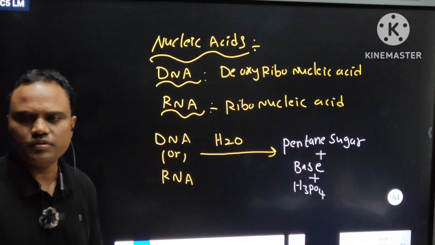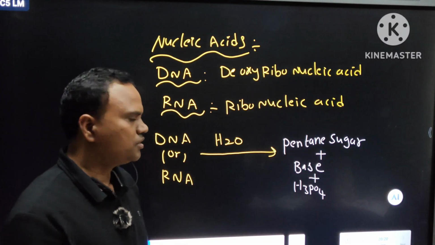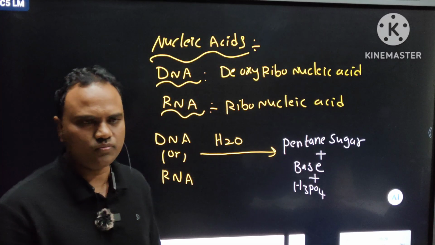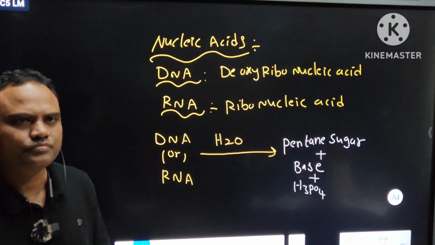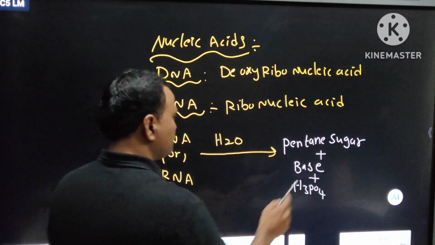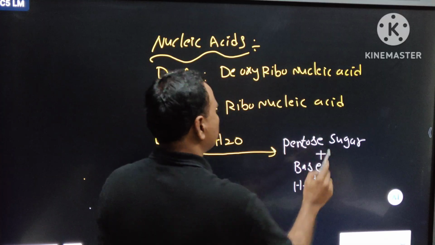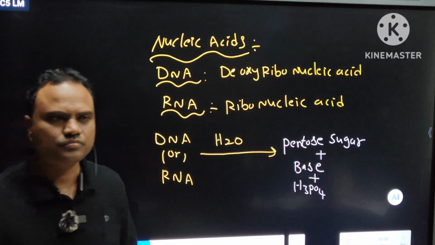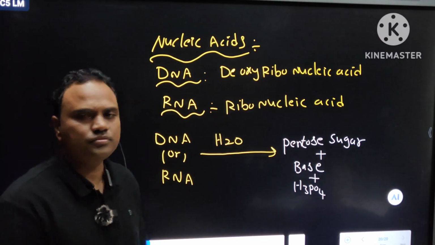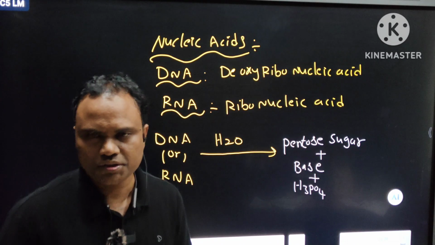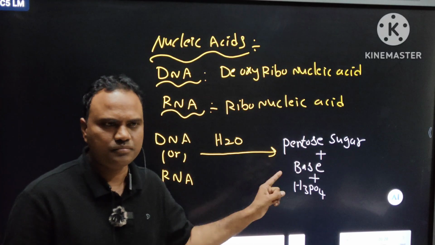DNA or RNA when subjected to hydrolysis will give pentose sugar, nitrogenous base and phosphoric acid, H3PO4. Okay. Nucleic acids, DNA, RNA, hydrolysis of DNA, RNA. Clear?